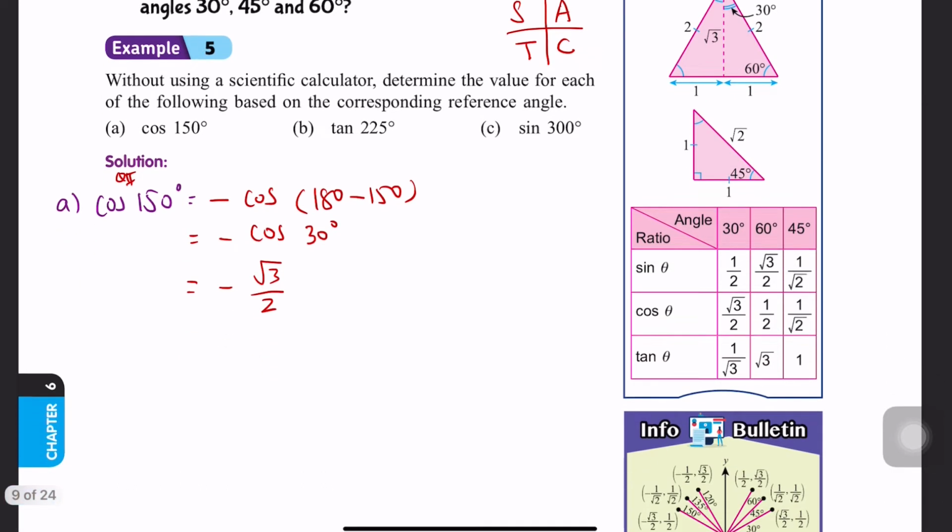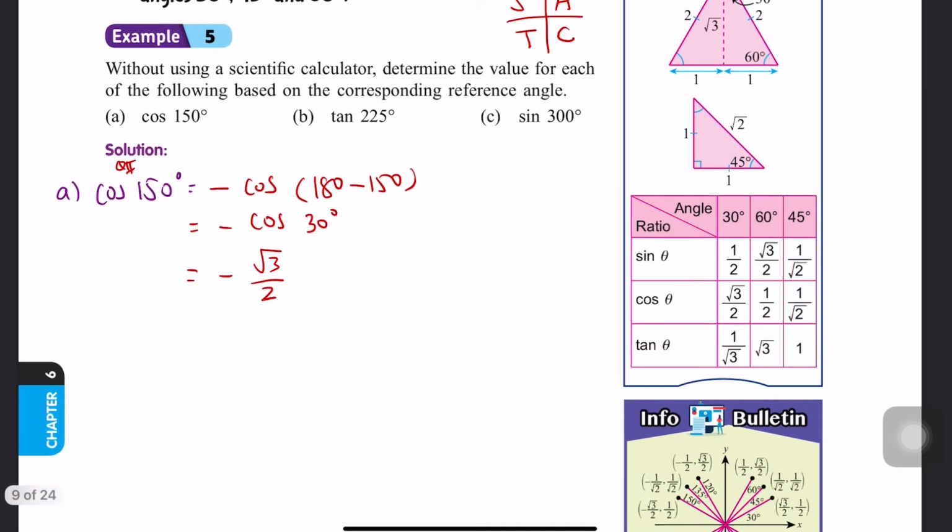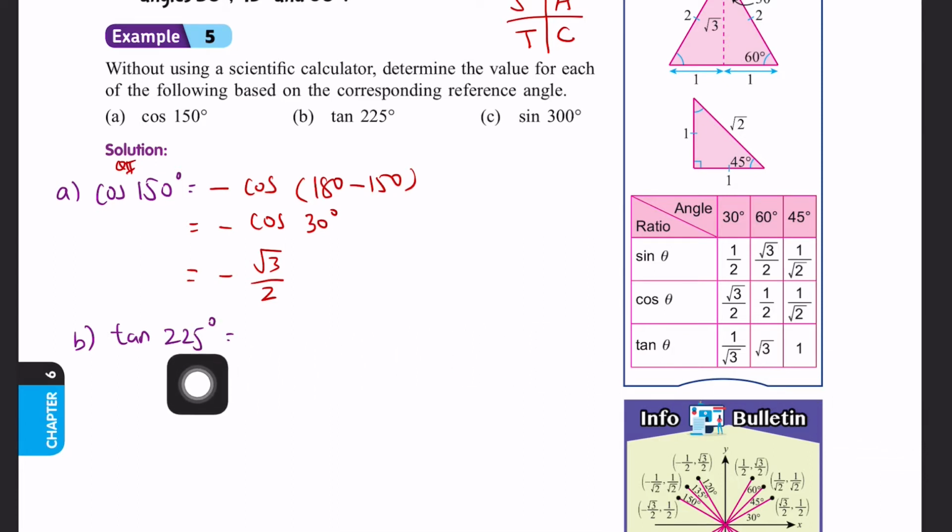Okay. Next, B. B we have tangent 225. Now 225 falls in third quadrant. So tangent itself positif lah. So plus tangent. Okay, so kita ada value besar daripada 180 kan?